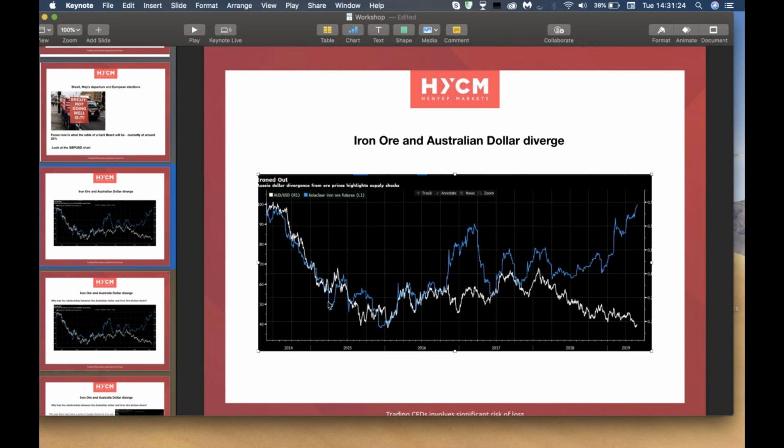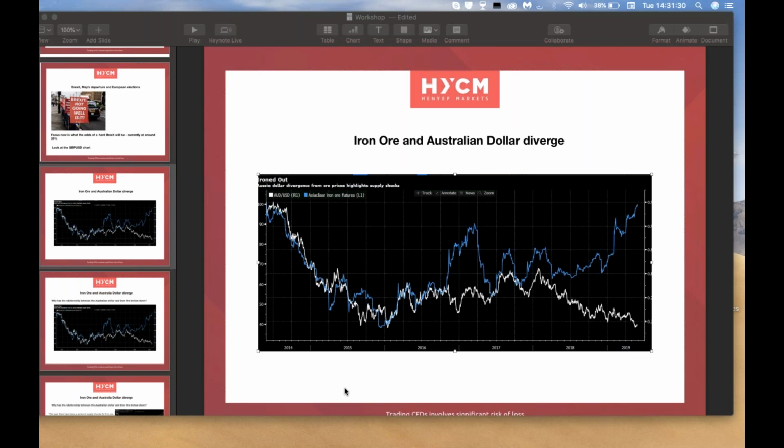So this relationship at the moment, you can see, has suddenly moved, and it's what's called a divergence. Normally they work together, but all of a sudden iron ore prices have been increasing. This is the blue line on the chart here. These are the iron ore prices, but the Australian US dollar pair has been falling.